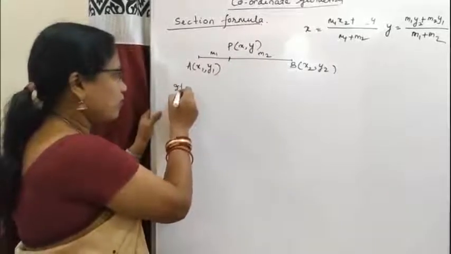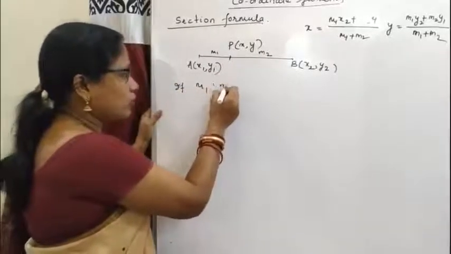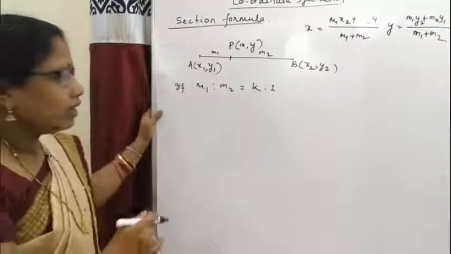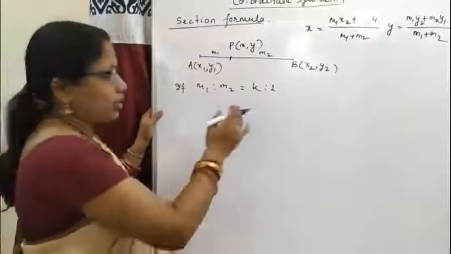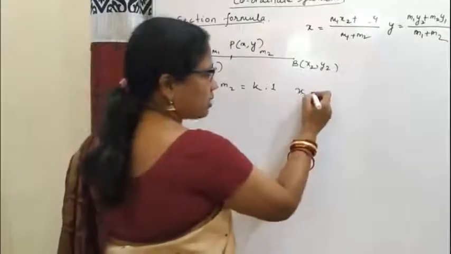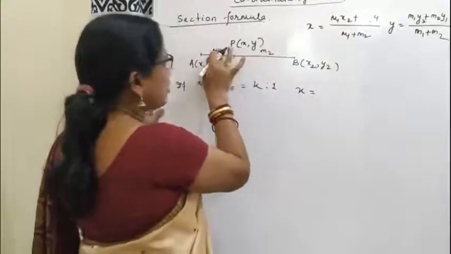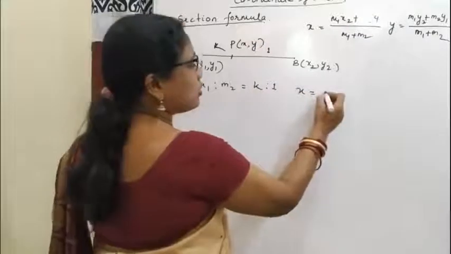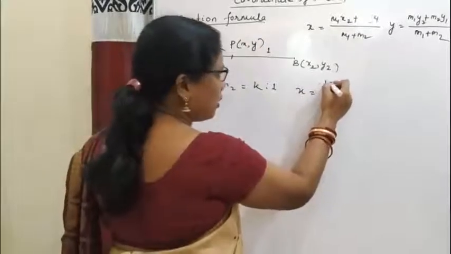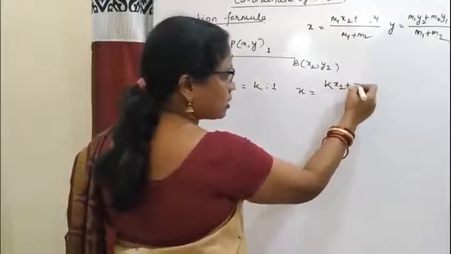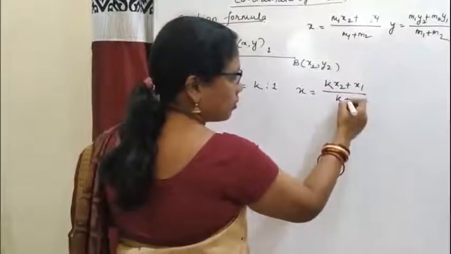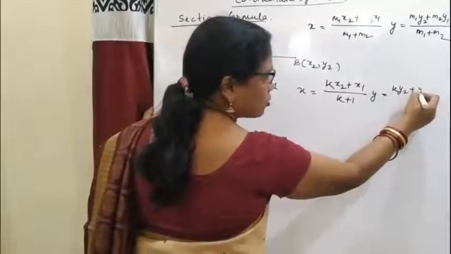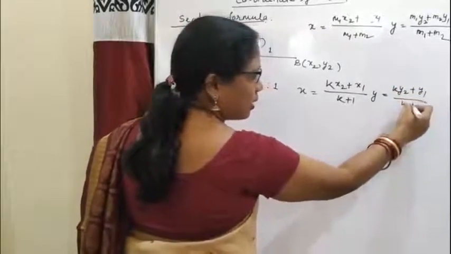But if m1 is to m2 is equal to k is to 1, that means P divides AB in the ratio k is to 1. So what will be the value of x? Here m1 becomes k and m2 becomes 1. So x is equal to kx2 plus x1 divided by k plus 1, and y is equal to ky2 plus y1 divided by k plus 1.